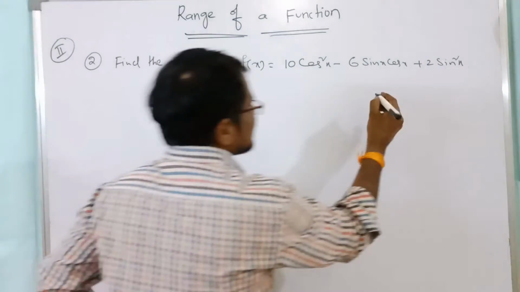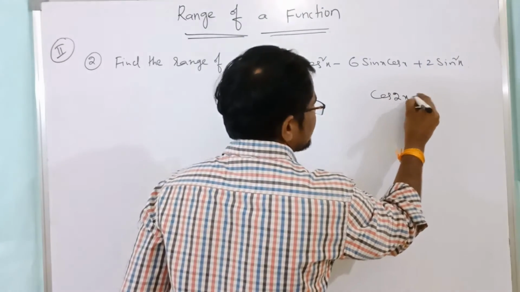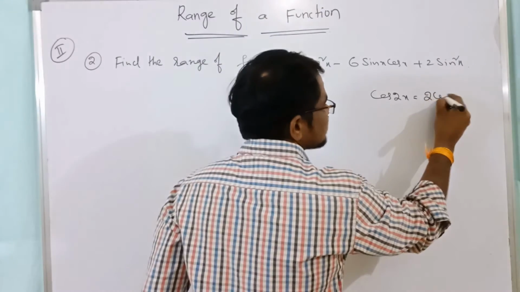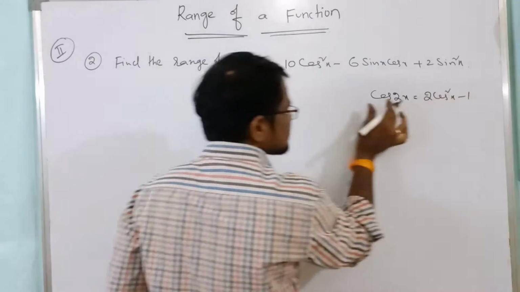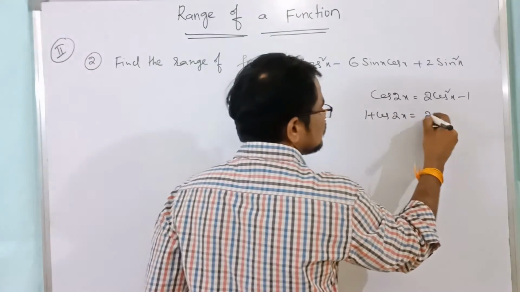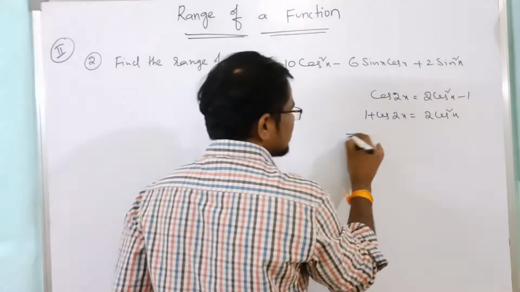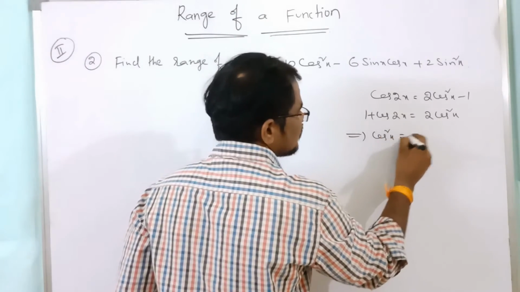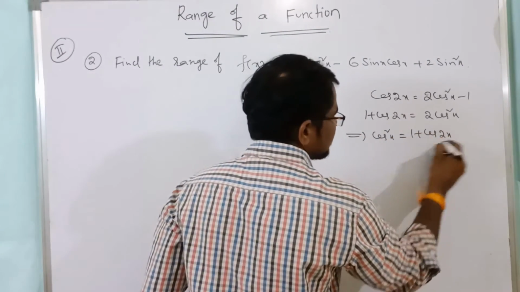So we know that cos 2x equal to 2 cos square x minus 1. If you bring the minus 1 to this side, 1 plus cos 2x equal to 2 cos square x. That implies cos square x equal to (1 plus cos 2x) by 2.